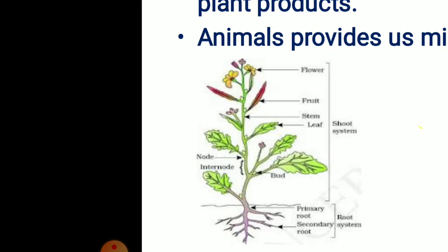Some stems and some roots are also used, like beetroot, which we use as food. Potato is a stem, so we use potato as our food. So different parts of the plant are used as our food.